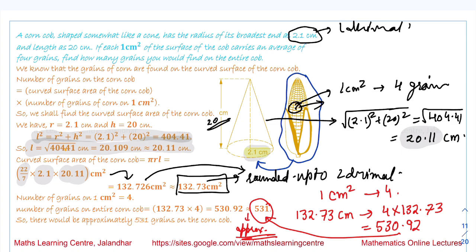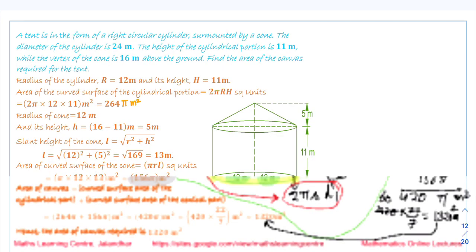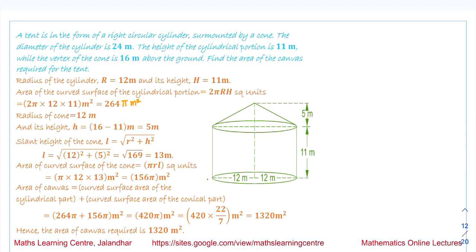Next we are given that a tent is in the form of a right circular cylinder surmounted by a cone. So this is the right circular cylinder, and there is a cone on this cylinder. We have a cone over here.